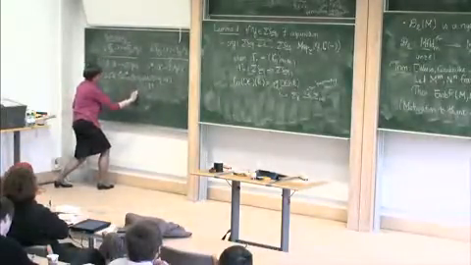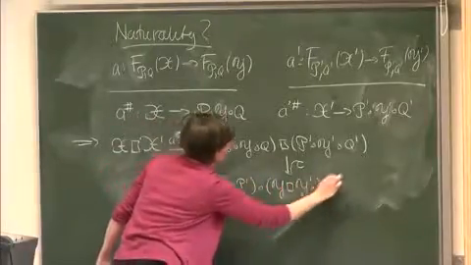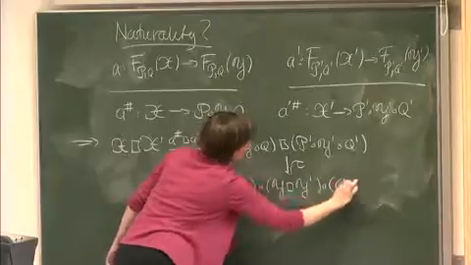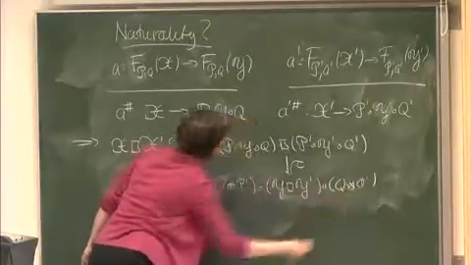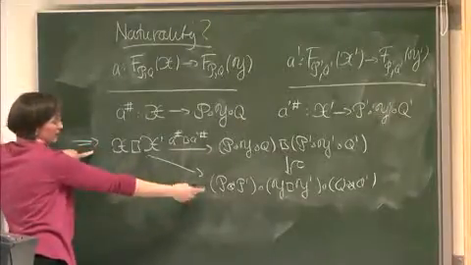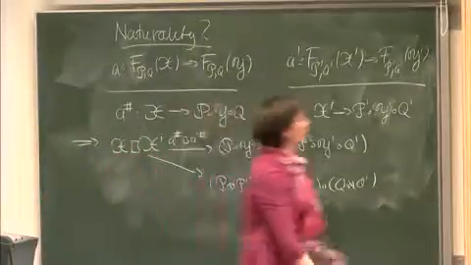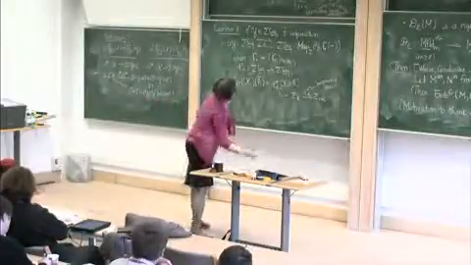P tensor P prime, Q tensor P prime. So this is a morphism of symmetric sequences, and then we can apply the adjunction again, and that gives us, I'll put it over here, the morphism of bimodules that we wanted.